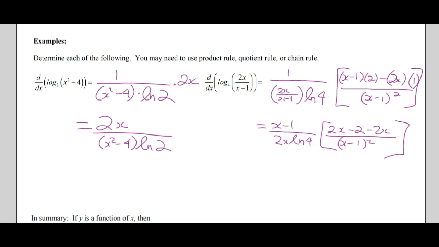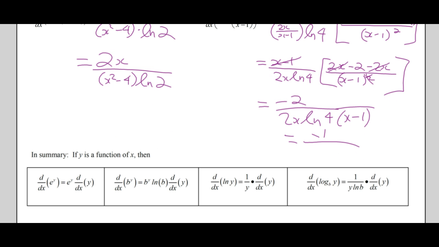Okay, so x minus 1 takes out the square, leaving us with just an x minus 1. 2x minus 2x, so I've got a negative 2 over 2x ln 4 times x minus 1, and the 2's. So we've got negative 1 over x ln 4 x minus 1.